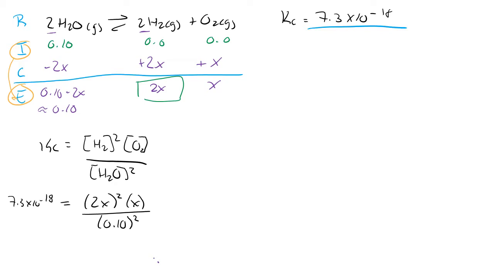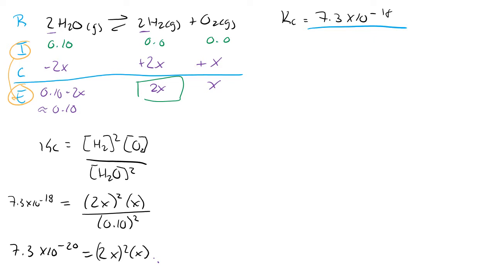Okay, so let's go through. I'm going to get rid of that denominator first. So what that looks like, we get 7.3 times 10 to the negative 20 equals 2x squared times x.